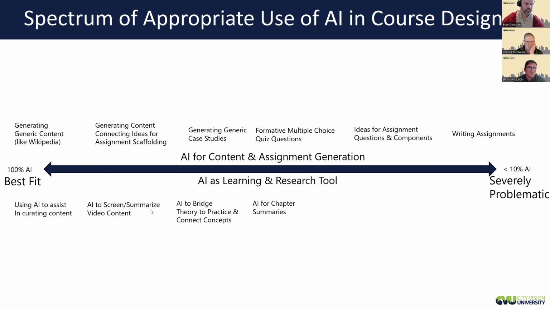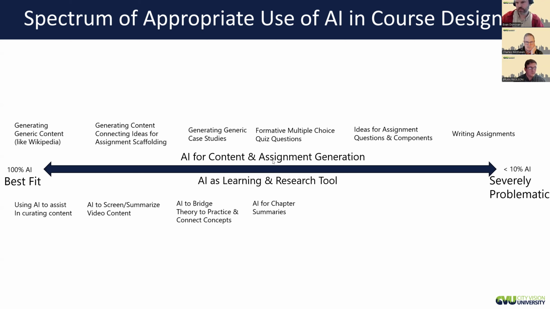And using AI to screen and summarize video content, generating generic case studies, using AI to bridge theory and practice, formative multiple choice quizzes. And I say formative because honestly, I wouldn't trust AI with summative quizzes. I think faculty need to be more involved in those.